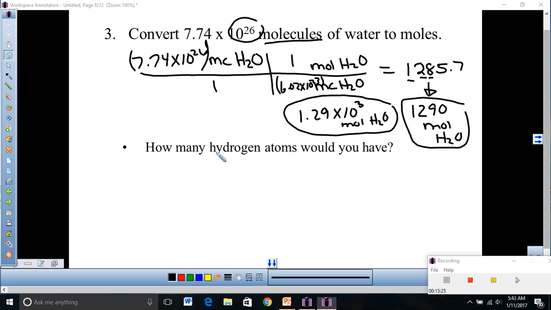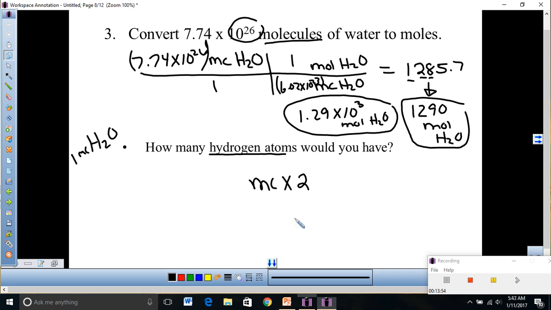Alright, so now, still continuing, we're looking for how many hydrogen atoms. Well, we've got water, so for every molecule of water, there are 2 hydrogen atoms. So I know I need to multiply by 2, and I know I need to multiply not the formula units because this is covalent.